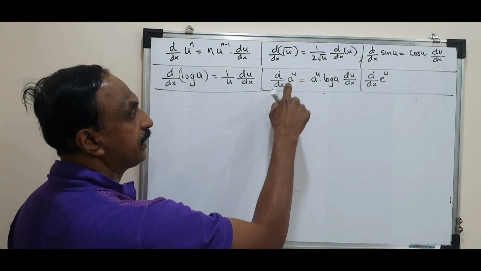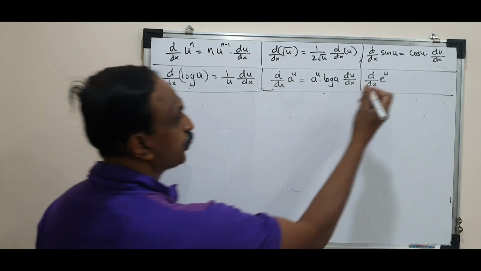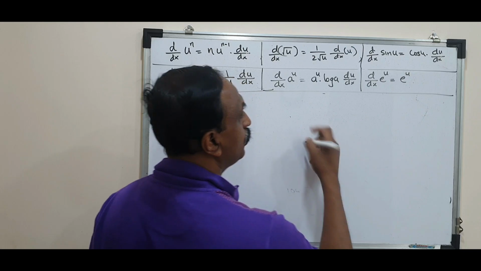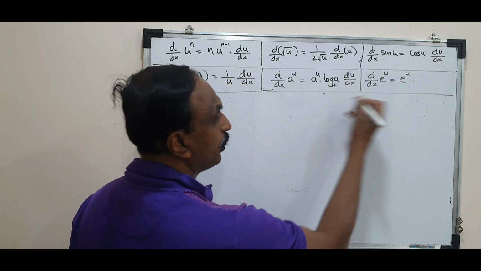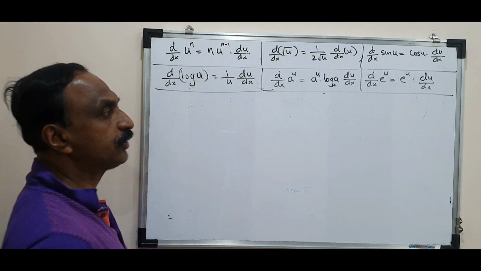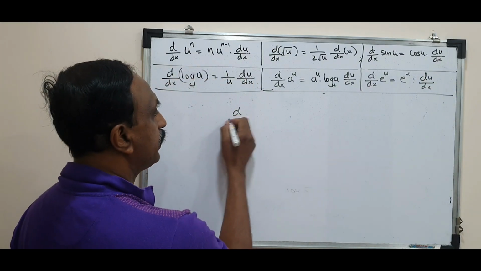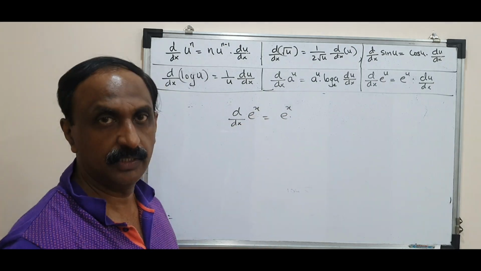The only difference is that instead of number a, it is the irrational number e. So your answer will be e raised to u, log e is 1 because the base of this log is e, log e to the base e is 1, into du by dx. So in case of e raised to x, we already know the derivative of e raised to x is the function itself. There's no change. There's no formula there.